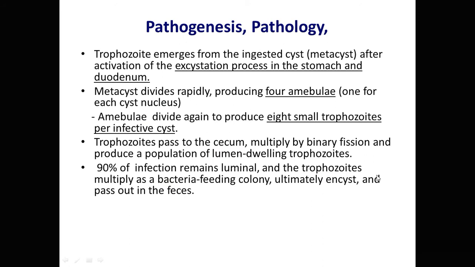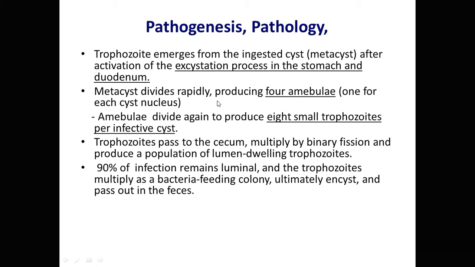So what happens during the infectious process, and how does the amoeba cause damage? As mentioned, we ingest the cyst either through contaminated water or food. Then the trophozoites emerge from the cyst in the stomach and duodenum, and this metacyst, the ingested cyst, divides rapidly and produces four amebulae.